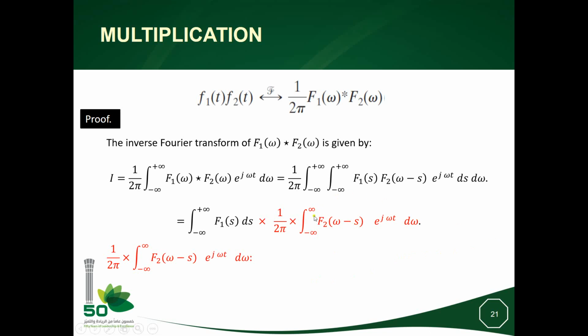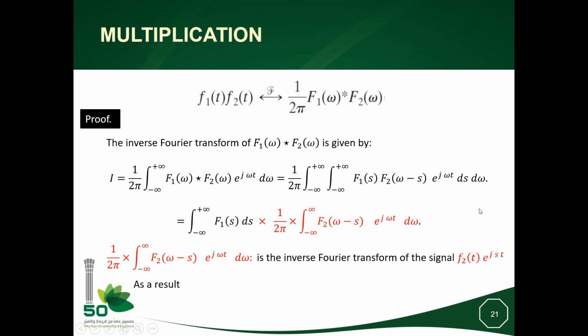It means that this expression is exactly the inverse Fourier transform of the signal f2 exponential j s t. And this is what I said before. Multiplication by an exponential function in the time domain results in a delay in the frequency domain. So here we see exactly that this term, which is the red term, is exactly f2 of t exponential j s t.